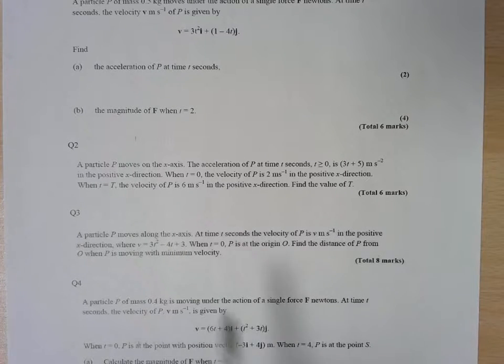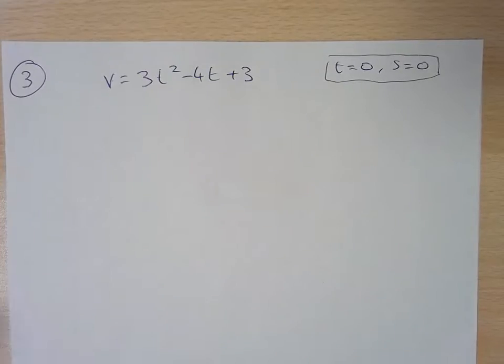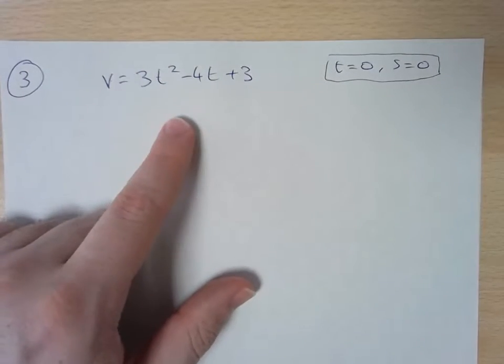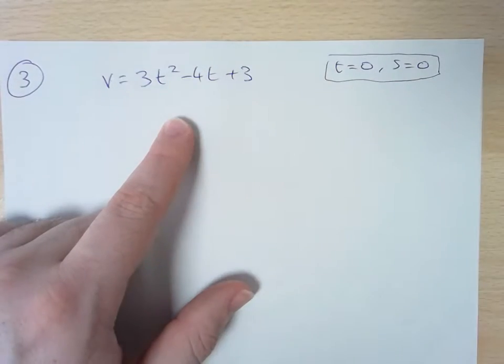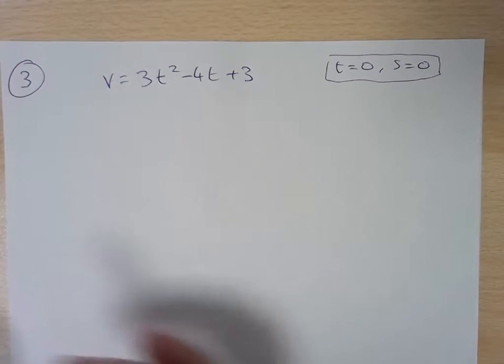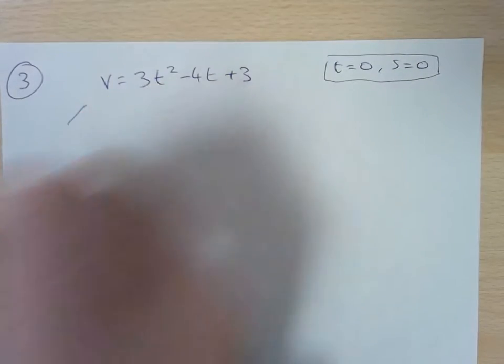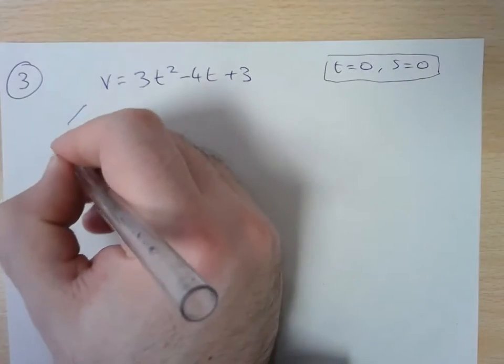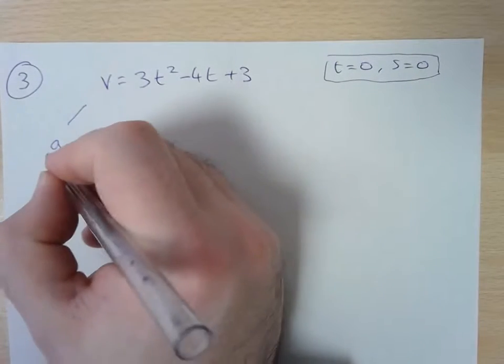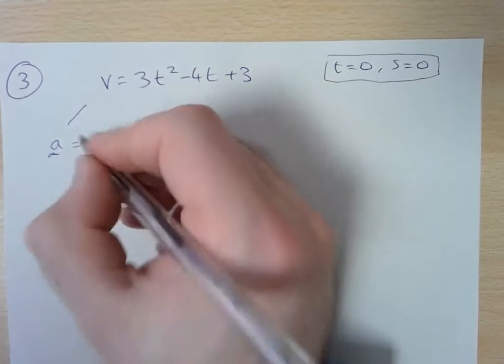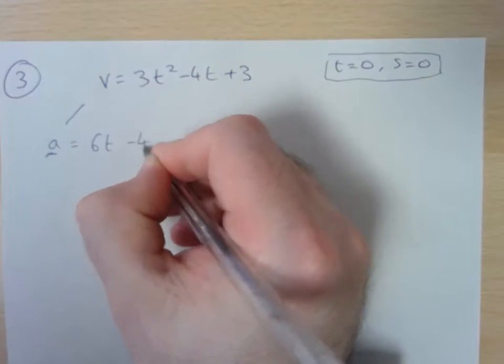So I'm going to start with finding the minimum velocity, which we're going to do by finding a minimum point for this. So I've copied this down. I'm going to differentiate this and then set that equal to 0. So the derivative of v is a for acceleration. a equals, it's not a vector, so this is 6t minus 4.